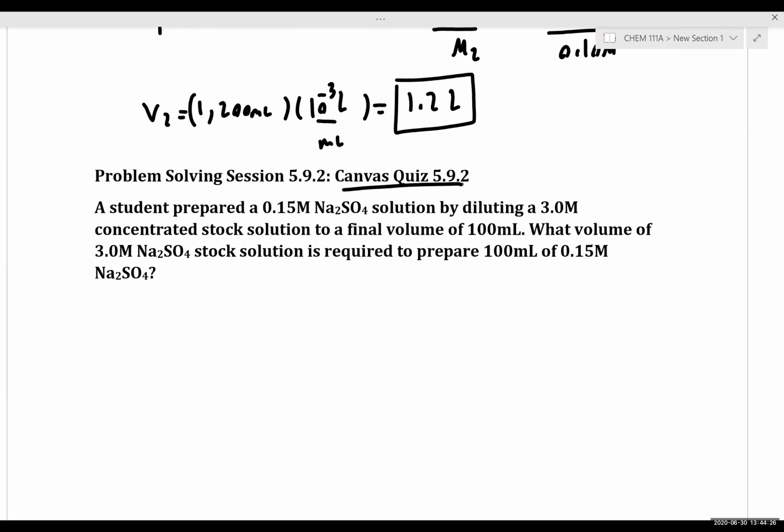Checking Canvas, I already see a reasonable pool. Let's give students a little bit more time to respond and we'll discuss momentarily. If there are any questions at all, really don't hesitate to ask.